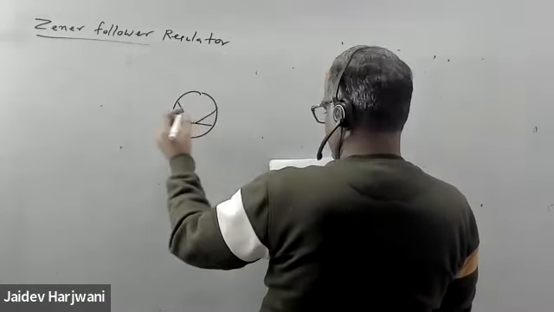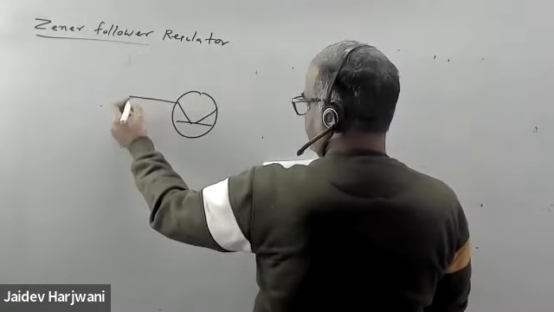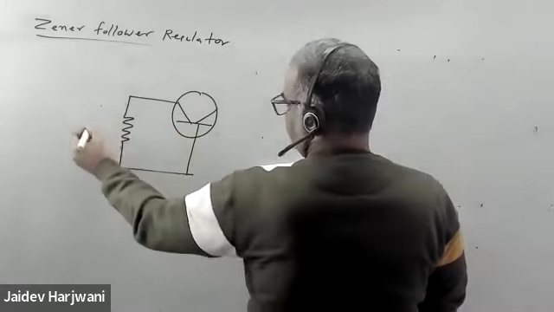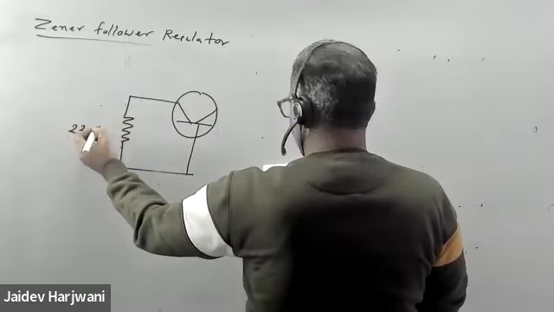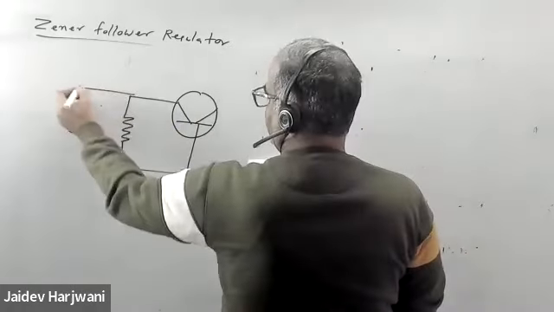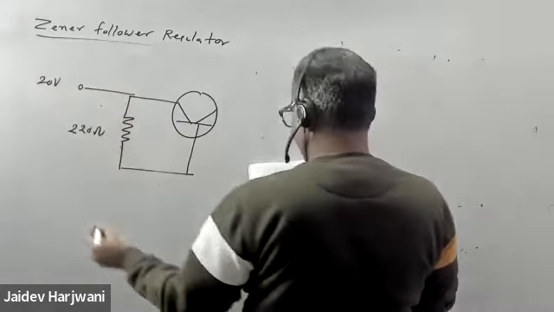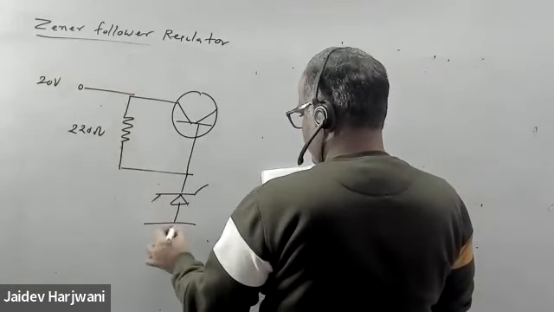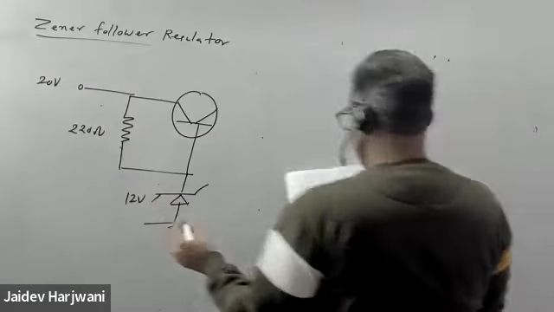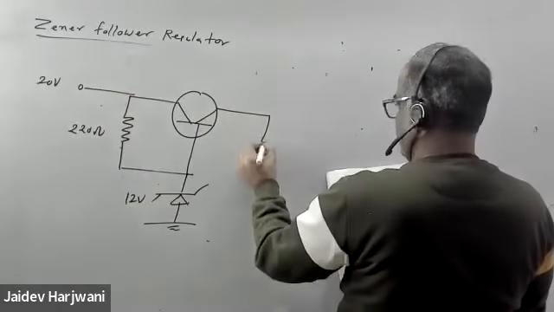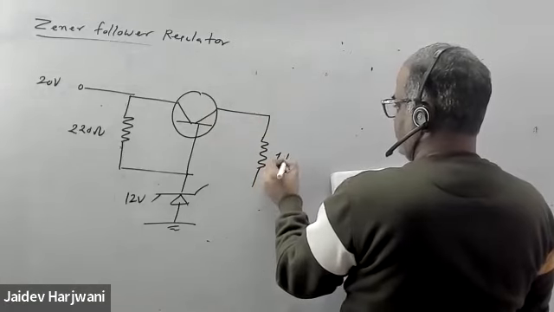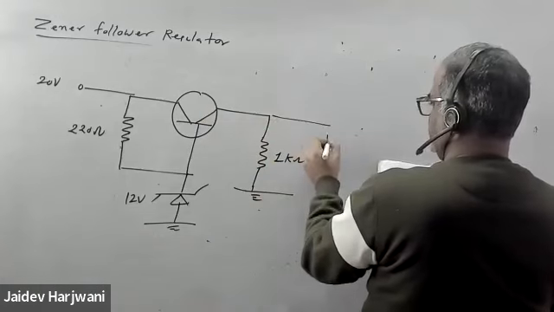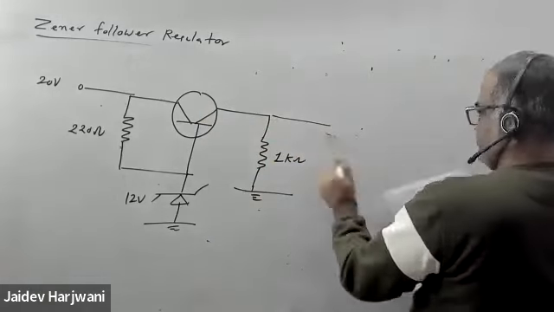This is your 220 ohm. Again, I'm giving you a 20 volt input. Here we have a Zener diode of 12 volt, and I'm putting here a resistance of 1 kilo ohm. So you need to find out V naught.